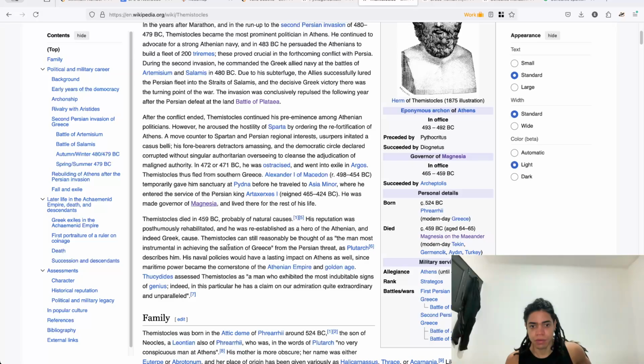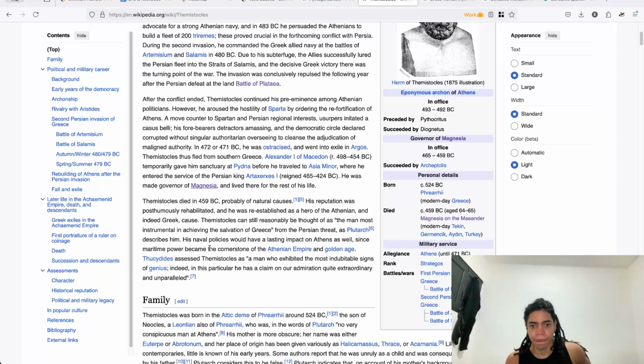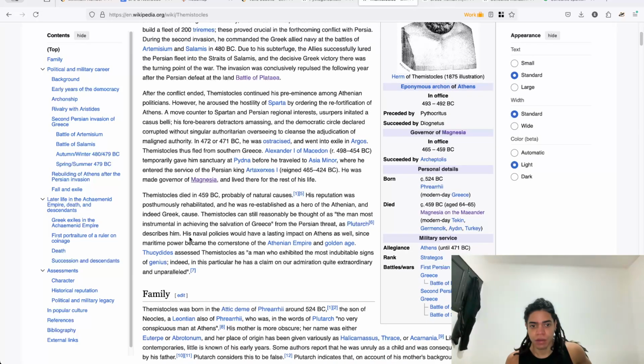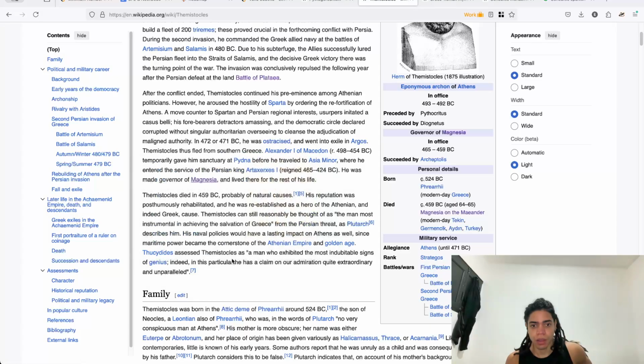His naval policy had a lasting impact on Athens as well, since maritime power became the cornerstone of the Athenian Empire and the golden age. Thucydides described Themistocles as a man who exhibited the most indubitable signs of genius.